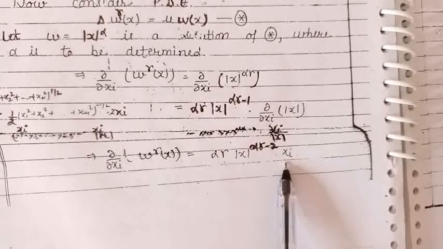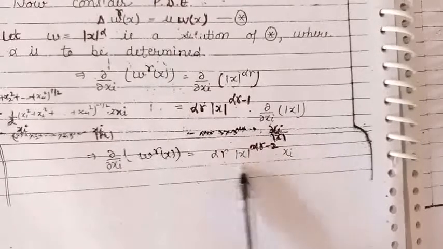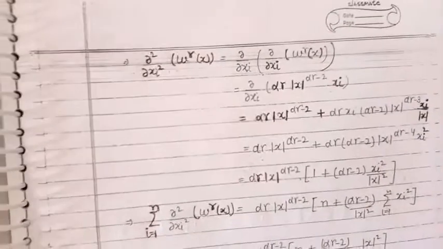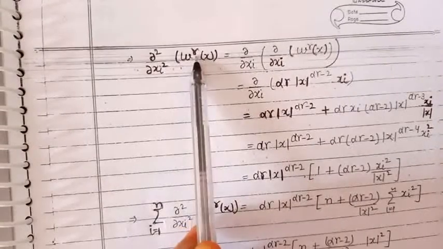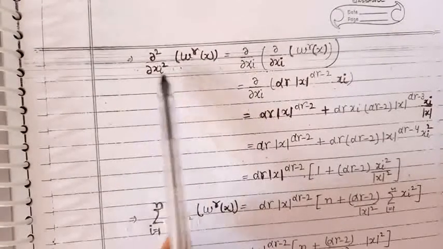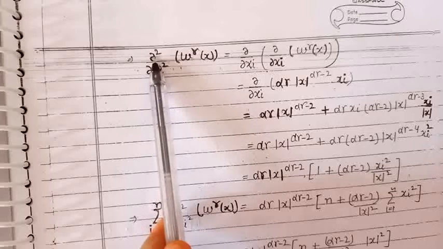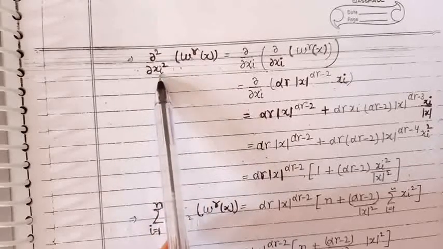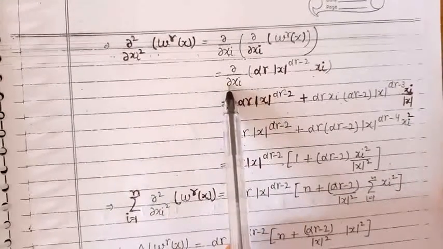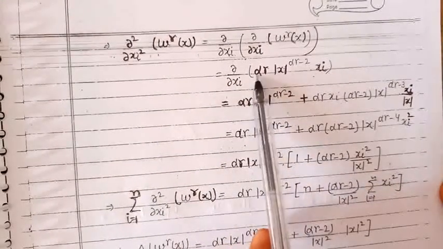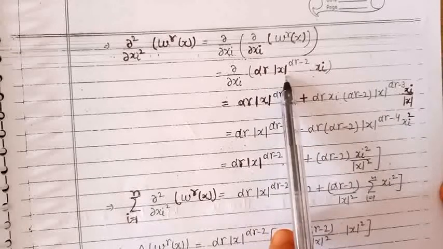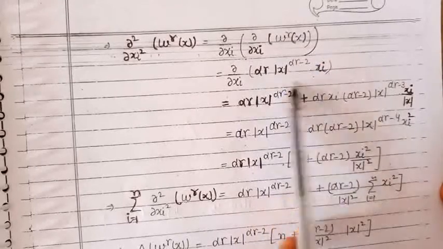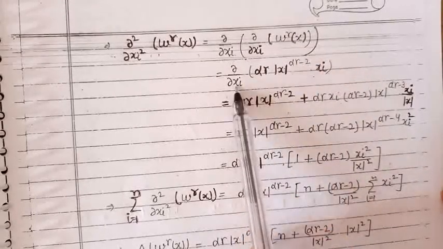Now let us again differentiate this expression with respect to xi. So we get the second order partial derivative of w raised to the power gamma with respect to xi. This is given by the partial derivative of alpha gamma |x| raised to the power alpha gamma minus 2 into xi, with respect to xi.